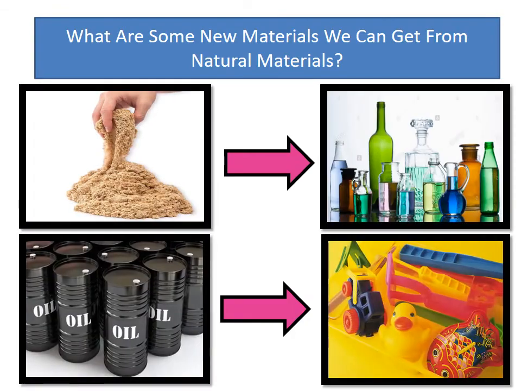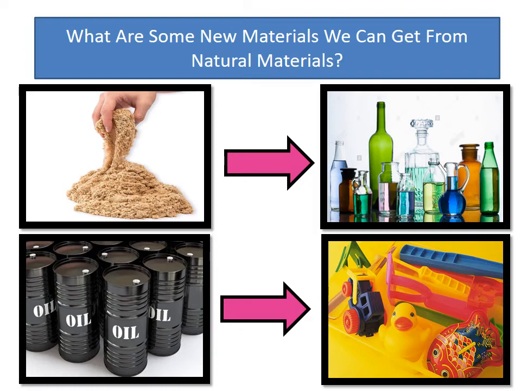What are some new materials we can get from natural materials? Some useful materials such as glass and plastic are man-made. We make them by changing natural materials. Can you guess what natural materials are used? Sand is heated with another material to make glass.